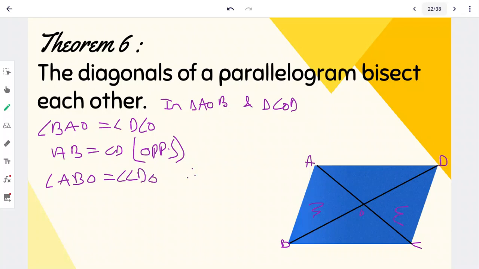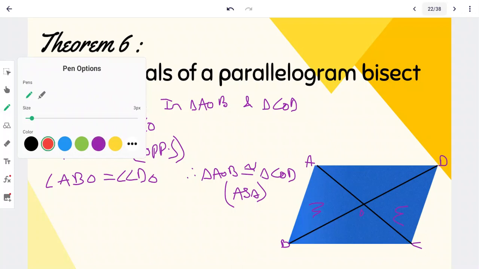So what can I say? Therefore, triangle AOB is congruent to triangle COD, by ASA criteria. Two angles and the included side. Correct? I proved it. Now, look carefully at my congruency.